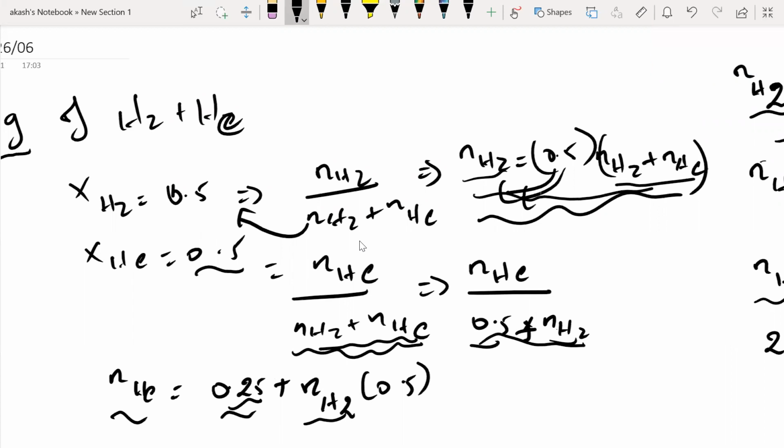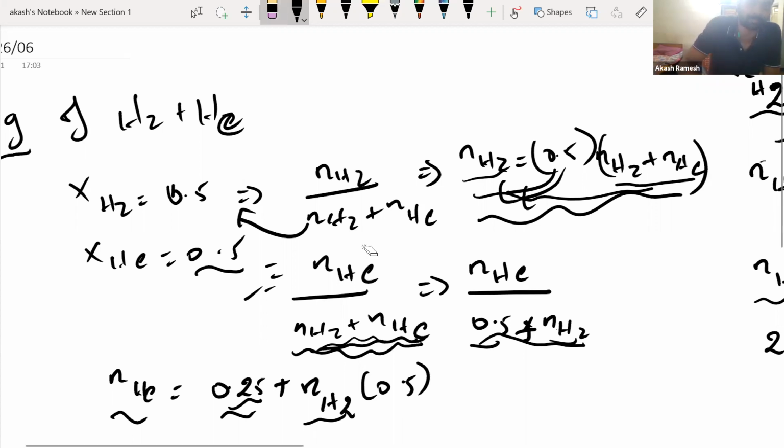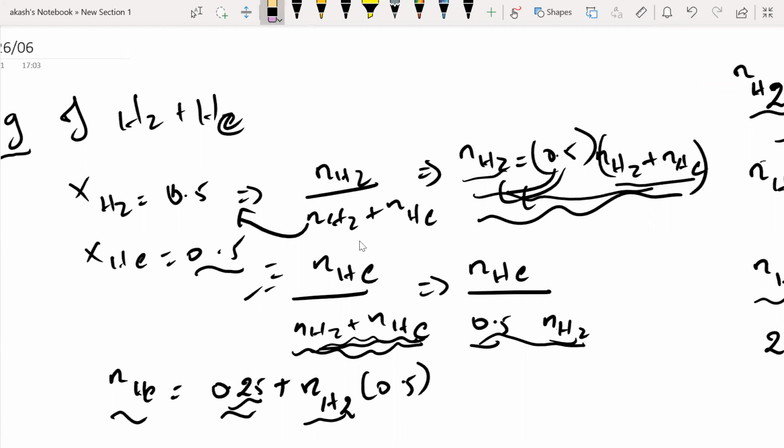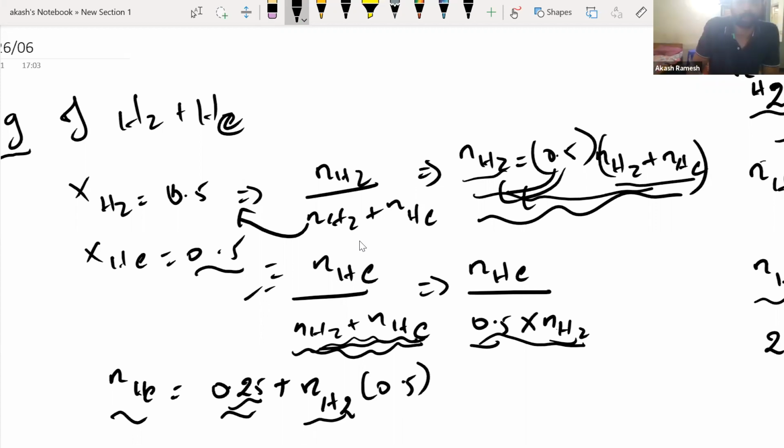And then we substitute it in the NHE equation. Correct. In this equation, we substitute where I have the number of moles of H2, number of moles of helium. Yes, absolutely. Then NHE by NH2 by 0.5 it will come, sir. You understood. I made it as plus. Correct. Exactly. This was multiplication. Okay, that's where we went wrong.